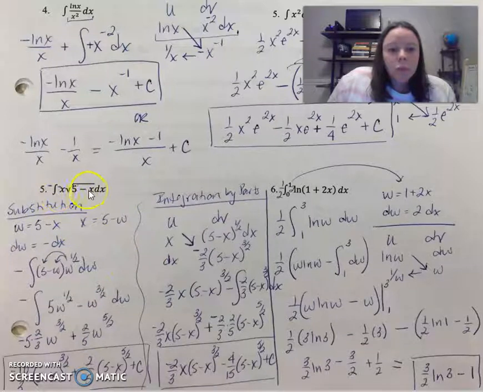So when you go to substitute, remember you have to make all of this in terms of w. And I had to fix that negative issue, put the negative in front of the x and so forth. So when I go to rewrite it, this x gets replaced with that 5 minus w. And then we put a w in here for the binomial, so it's w to the 1/2, and then we have a dw. So then you have to distribute the w to the 1/2 so that you can actually do the antiderivative of both terms.